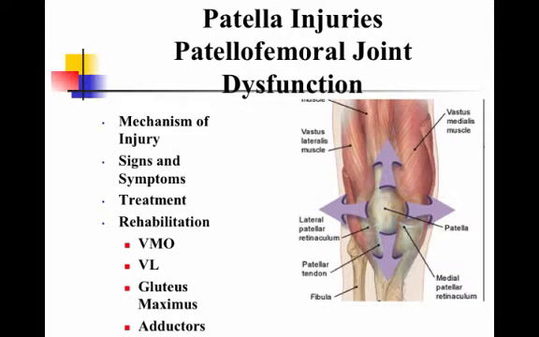However, two prominent problems associated with this condition relate to a weak vastus medialis, the VMO, which is the quad that attaches to the medial side of the patella, and also a strong or tight vastus lateralis muscle, referred to as the VL. These two muscles play tug-of-war on the patella, and oftentimes it's the outside forces that win.